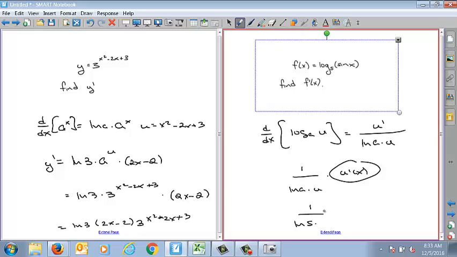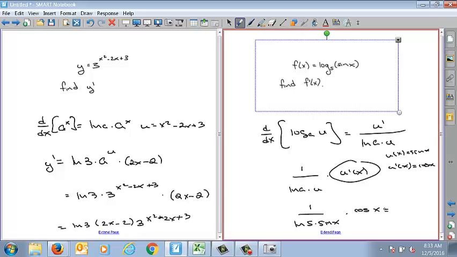That's the argument of the logarithm, so that's going to be the sine of x. And then you multiply that by the derivative of the argument. The derivative of the sine is the cosine. So u prime of x. In this case, u of x is equal to the sine of x, and u prime of x is equal to the cosine of x.